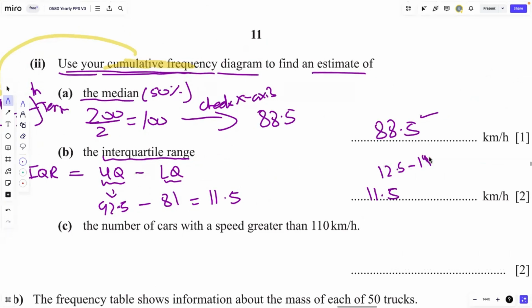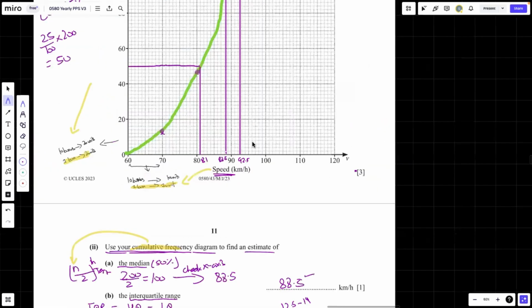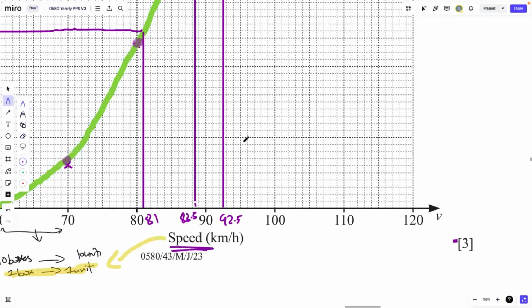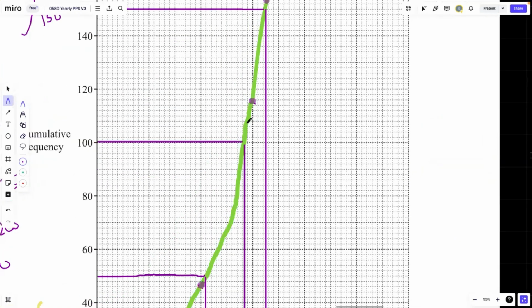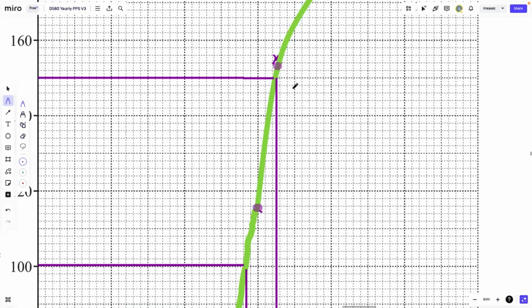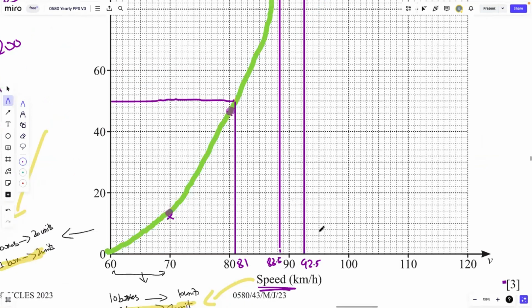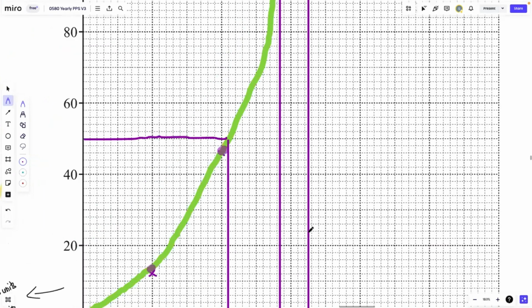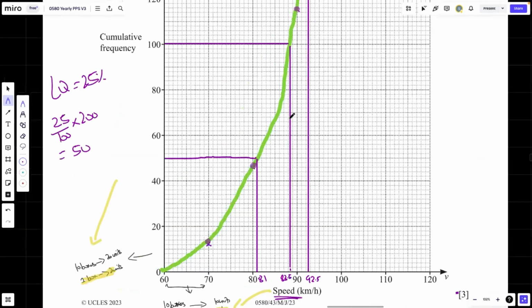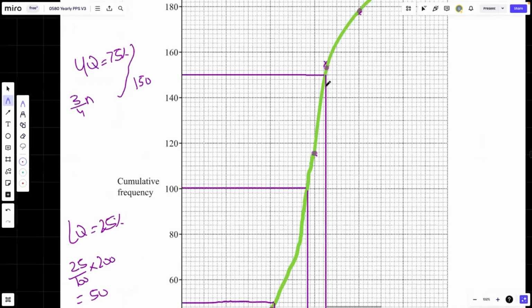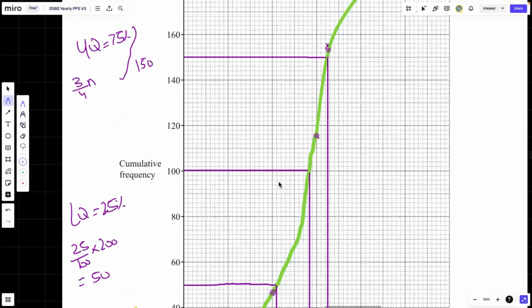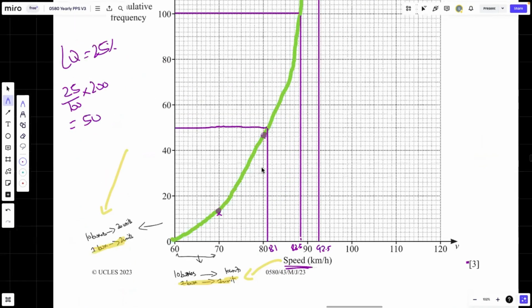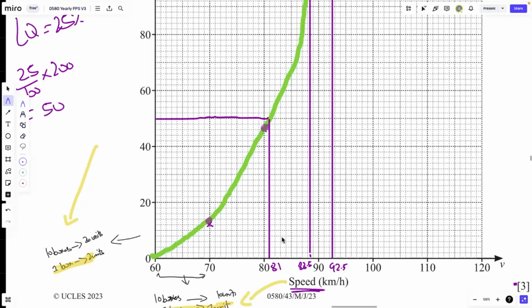We have an accuracy error, most likely because of not having the correct curve or not taking the correct corresponding values here. This is approximately 93, let's say, against 150. And against 25%, 50, you have around 80.